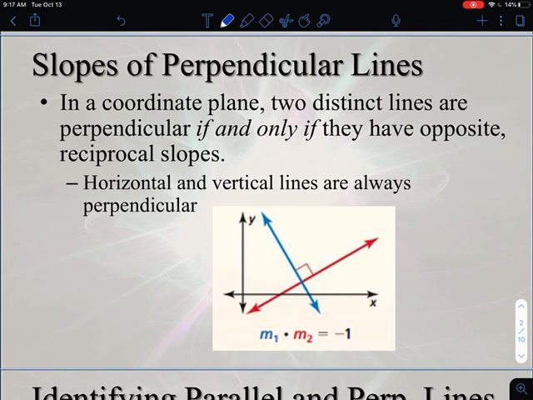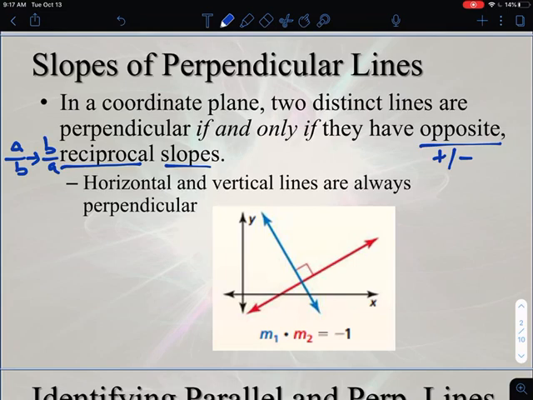For perpendicular lines, we use the phrase opposite reciprocal slopes. Okay, so the opposite refers to changing the sign, plus to minus or minus to plus. The reciprocal means flipping a fraction. So a over b becomes b over a.